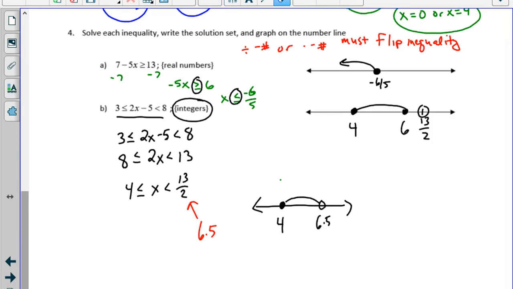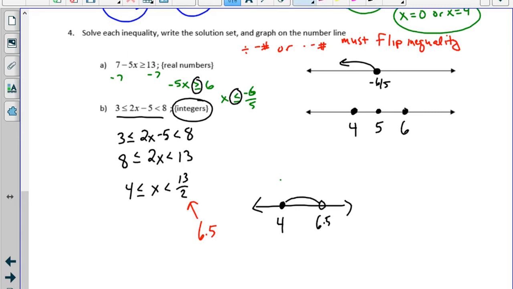However, we can't actually draw this with a filled-in line because that would include all of the non-integers in between 4 and 6. So we can only fill in the integers with dots, or filled in circle values. And so that means my final answer is just 4, 5, and 6. So I would just graph 4, 5, and 6.